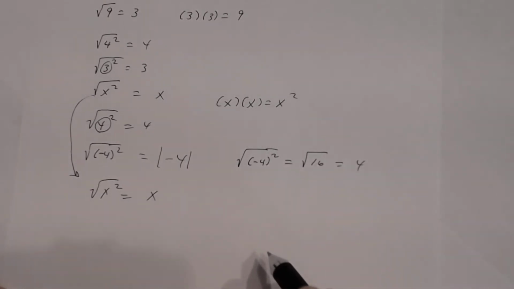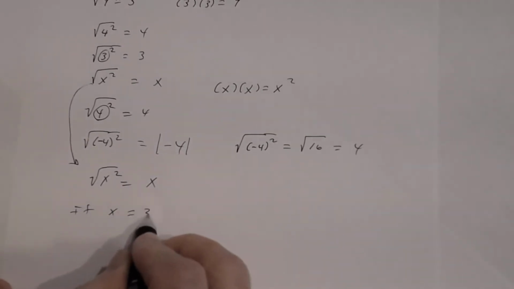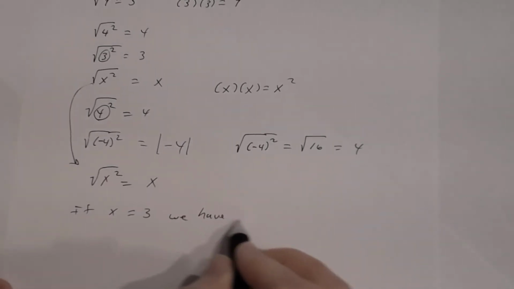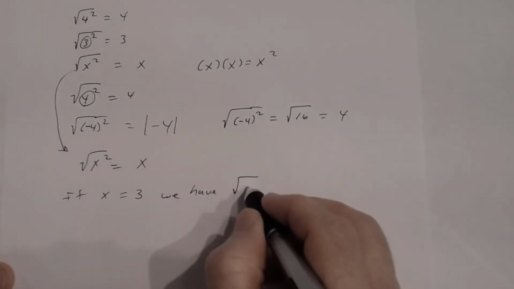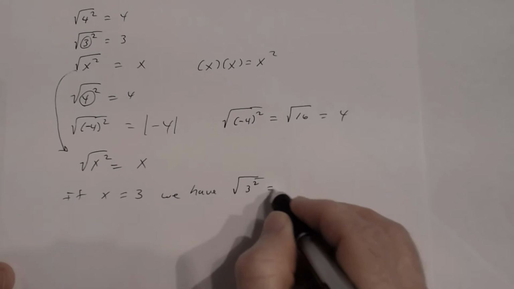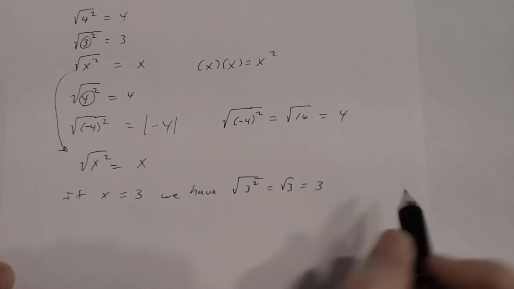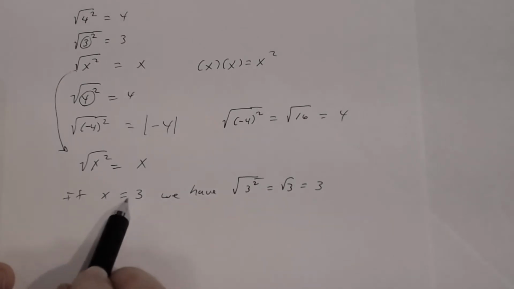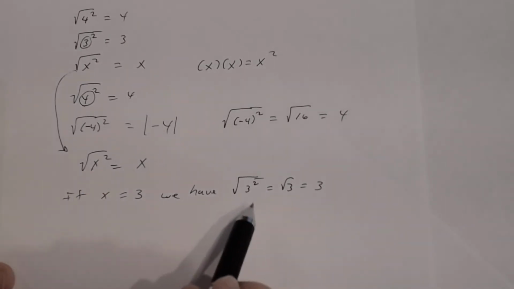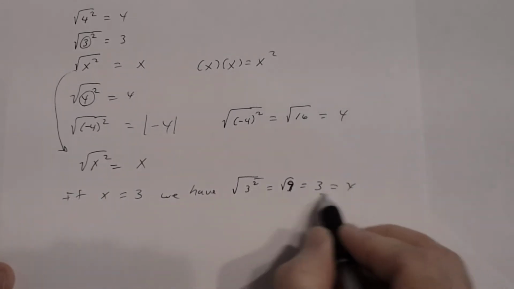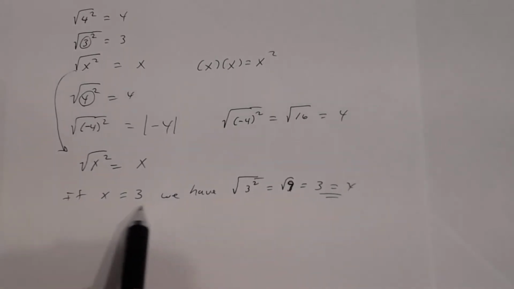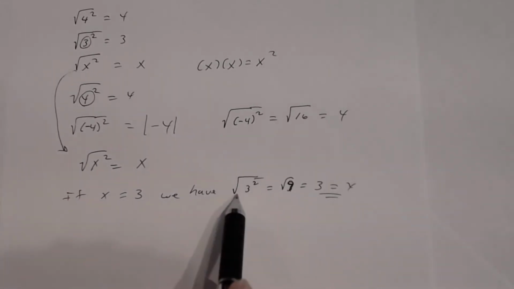For example, if x is 3, we have the square root of 3 squared, which is the square root of 9, which is 3. And that's the same thing as x, isn't it? So that's a true statement here. If x is 3, then the square root of 3 squared is just 3.